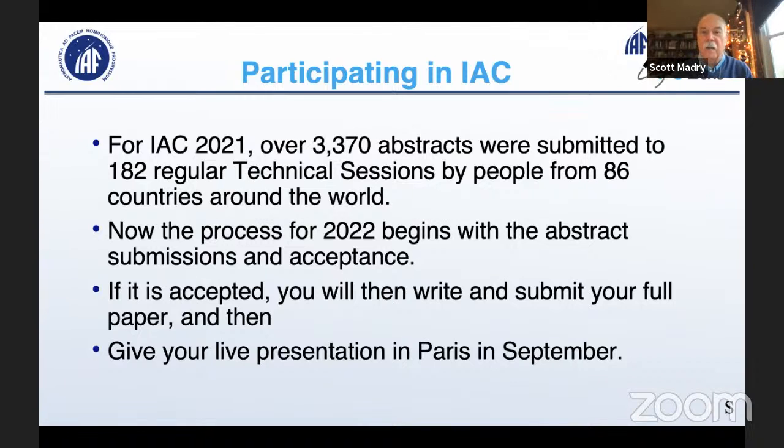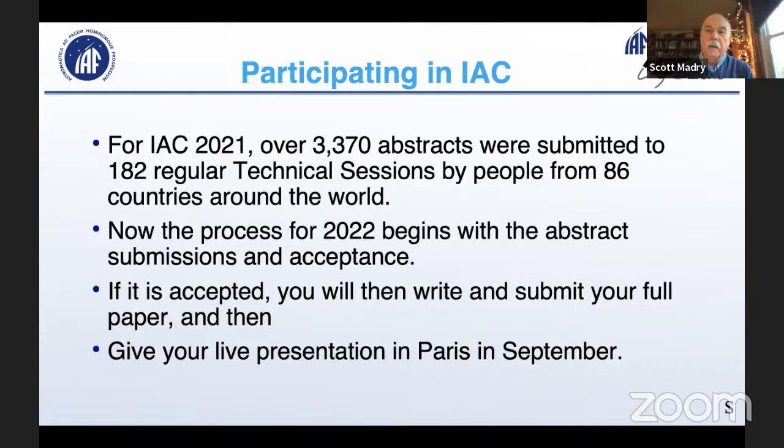That's a lot of abstracts into 182 technical sessions by people literally from all the countries all around the world. And so now the process begins again for the 2022 Congress to be held in Paris.